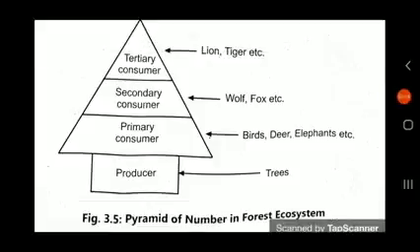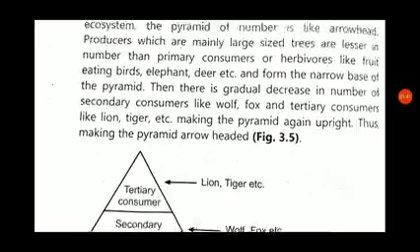Therefore, as compared to the producer, the number of primary consumers is larger. Therefore, as you see, the size of the primary consumer number increases. Therefore this pyramid shows the arrow-headed shape, because producers are fewer in number than the primary consumers.